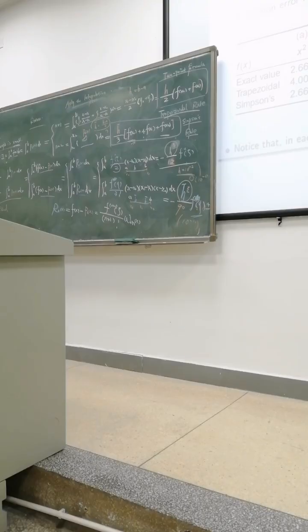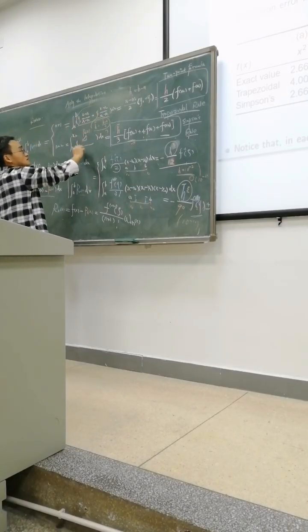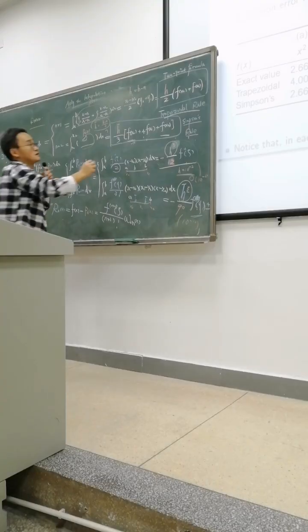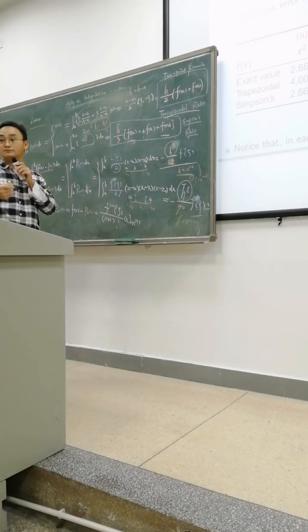If here we apply the best approximation, that is the least squares approximation, we may not have the error formula for this one, right? And these terms cannot be given quickly.